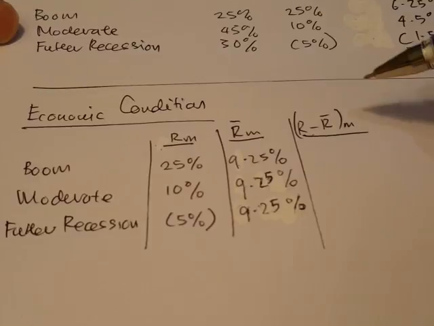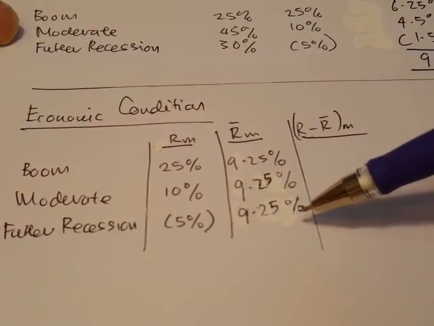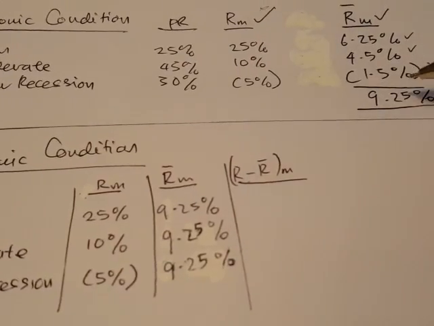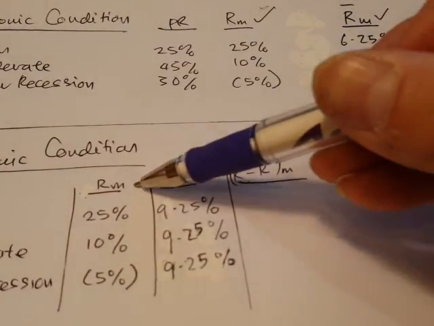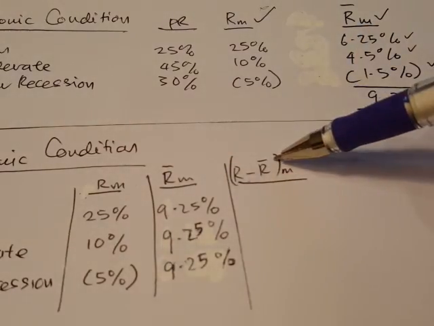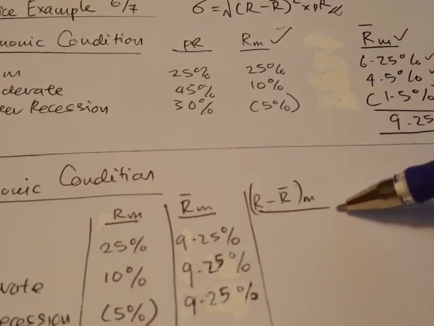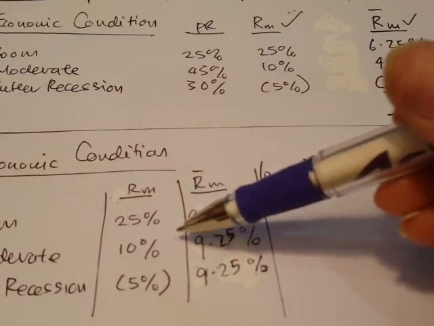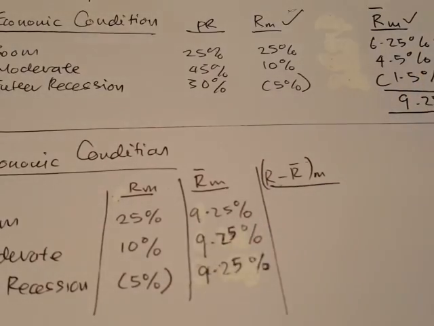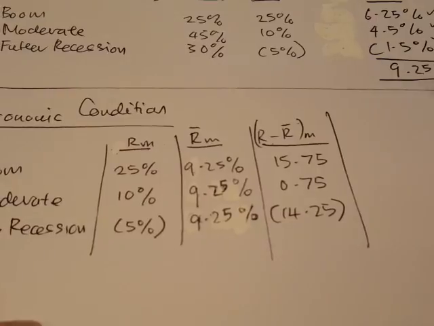So copy down the return, the average return from here, and the r minus r bar. This is required by the formula. So this is what we're going to resolve. Take this minus this, left minus right. You're going to get these figures.